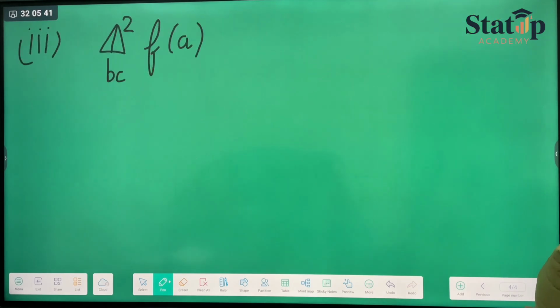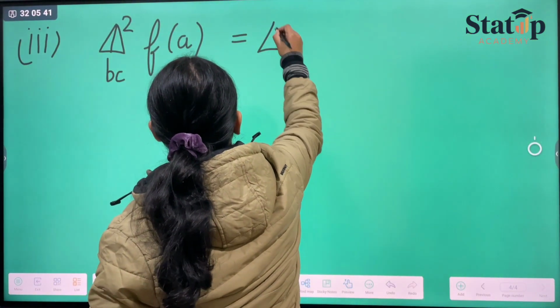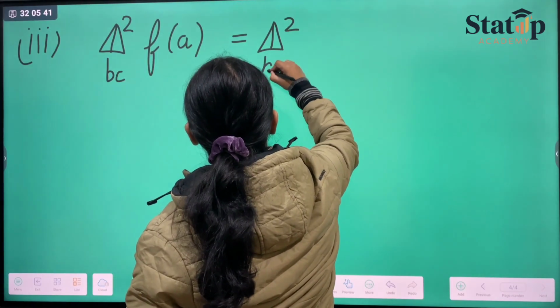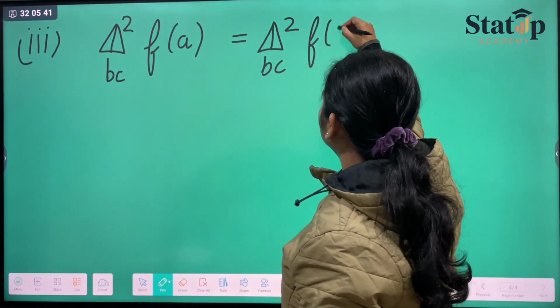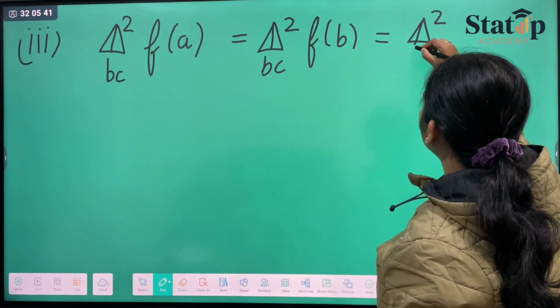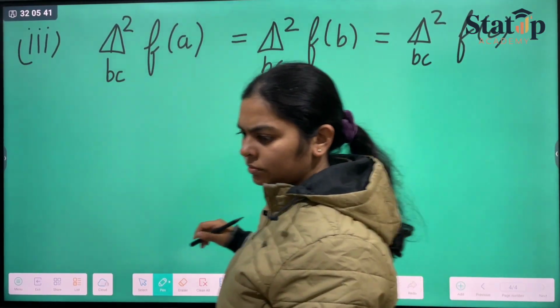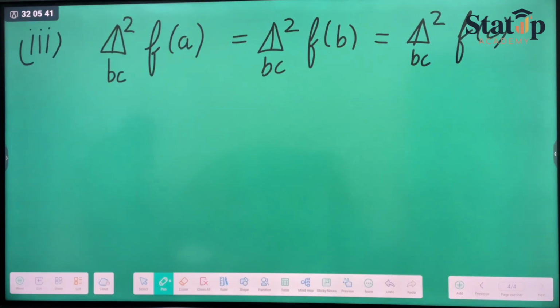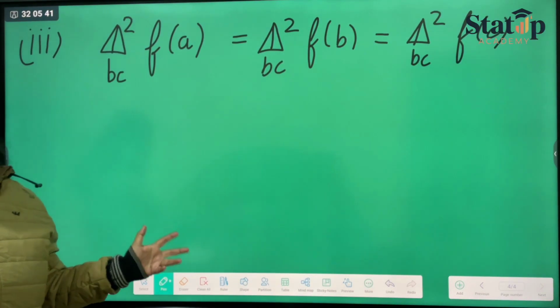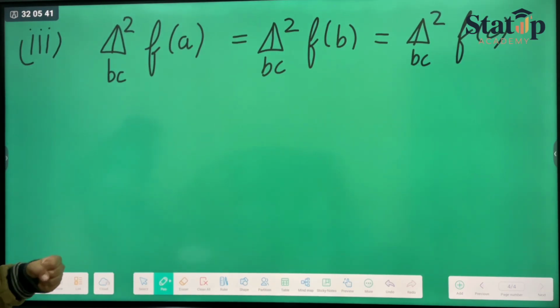So we can write that the square of the divided difference f(a, b, c) should be equal to the square of the divided difference in any order of the arguments. This is also one of the important properties.